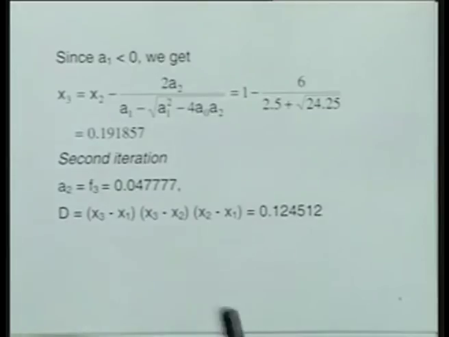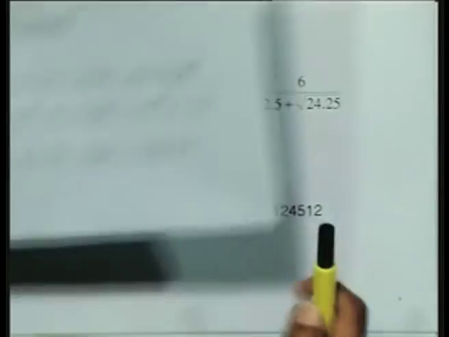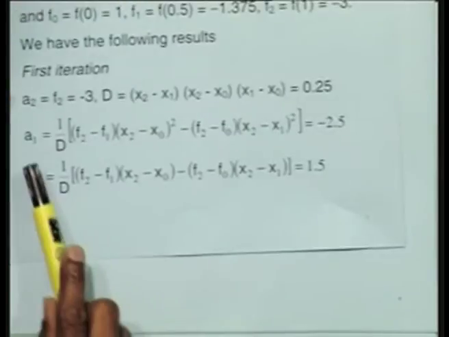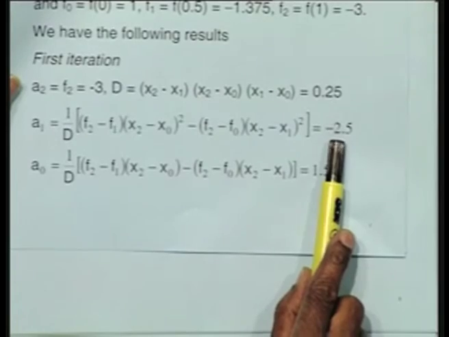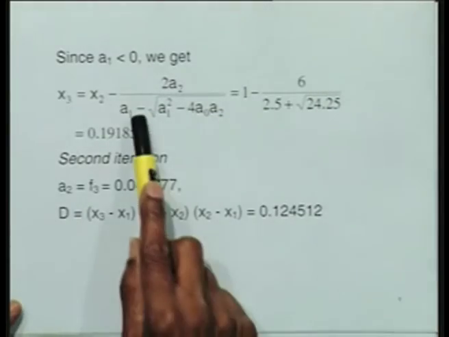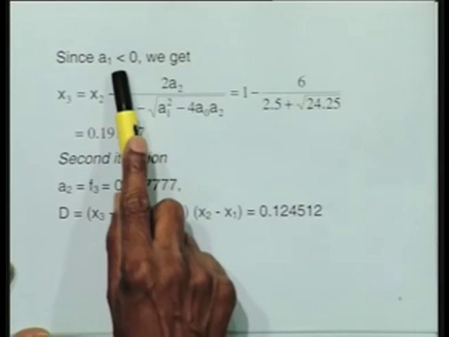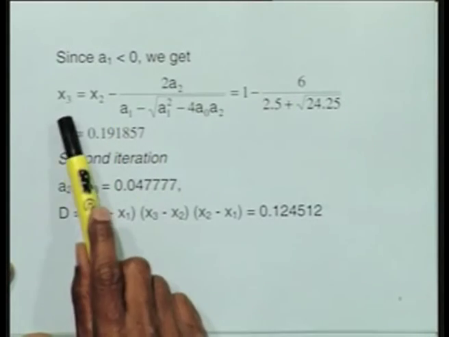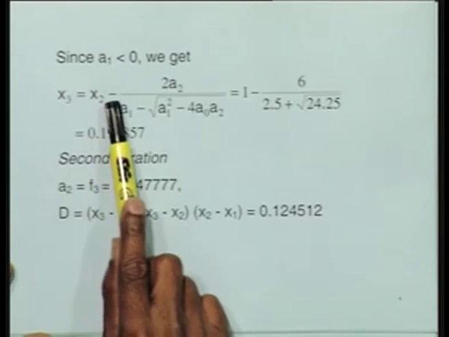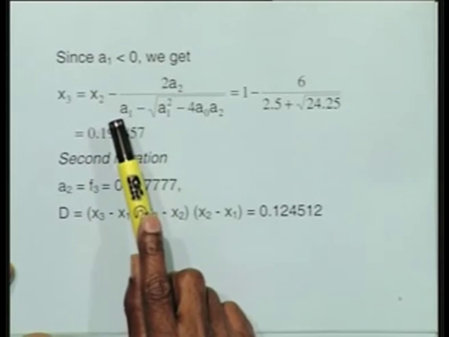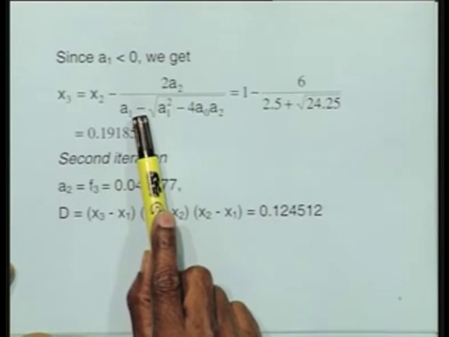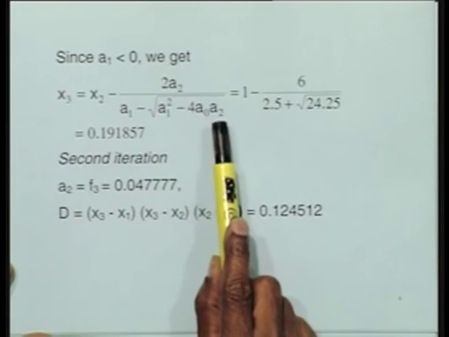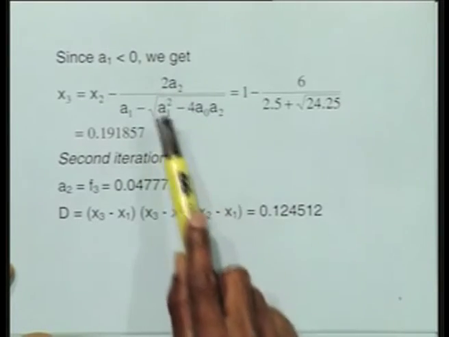Now yes, a1 is less than 0, so you can see that a1 is minus 2.5, therefore a1 is negative, therefore in the denominator I will take the negative sign out of this plus minus. So since a1 is negative, I take x3 as x2 minus 2 times a2, divided by a1 with a negative sign minus under root a1 square minus 4 a naught a1 a2, and this is a simple computation.